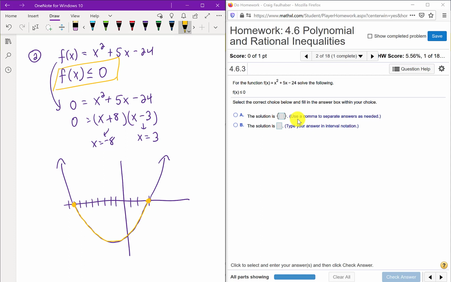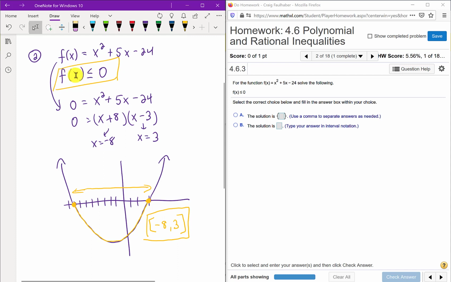So to answer this question, we give the x values for which the y values are less than 0. In other words, we're going to give all of the x values between -8 and 3 as our answer. We're going to include -8 and 3 in our solution with brackets, basically because we have an equal sign up here in our inequality.